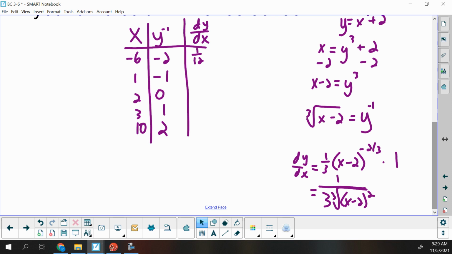If we sub in x equals 1, 1 minus 2 is negative 1. Negative 1 squared is 1. Cubed root of 1 is 1. 1 times 3 is 3, so we have 1/3. Next one, when we sub in 2 for x, we get 0 in that cubed root, so we're going to have 1/0, so that's just undefined.